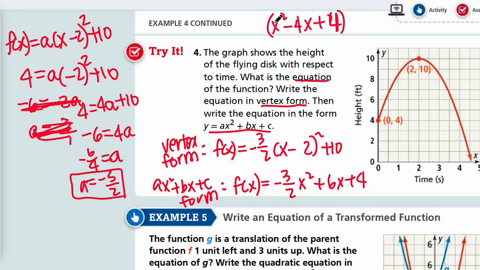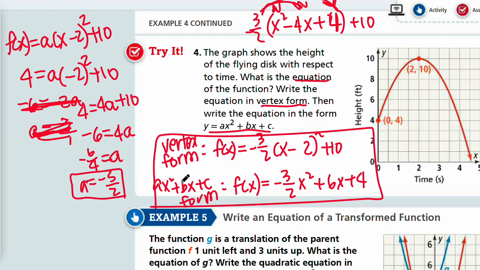And then negative 3 over 2 as a factor. And so you distribute this out. Then you subtract 3 times 4 divided by 2, which is 6, from 10, and that's 4. And 4 times negative 3 over 2 is just negative 6. Okay, so that was your vertex form and the standard form of the quadratic function for try number 4.